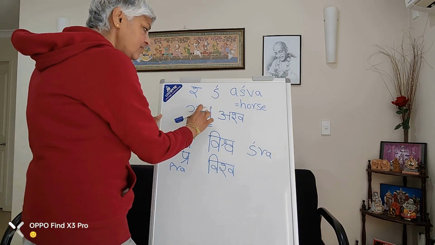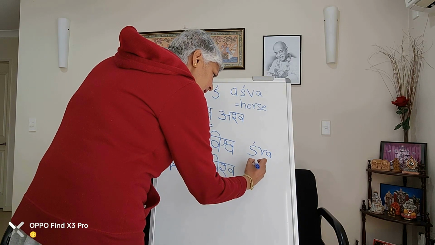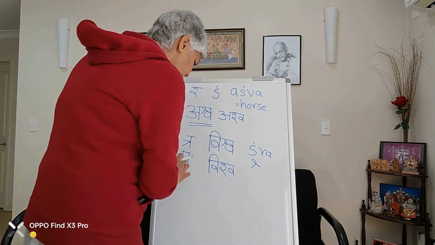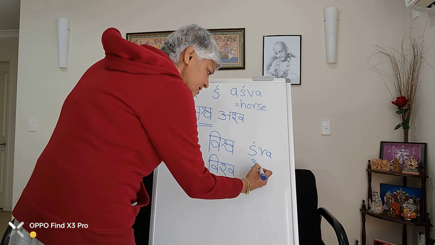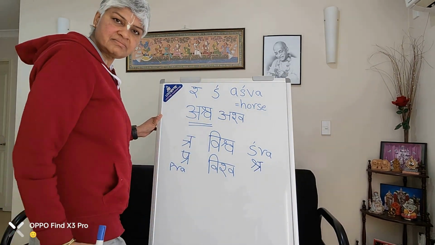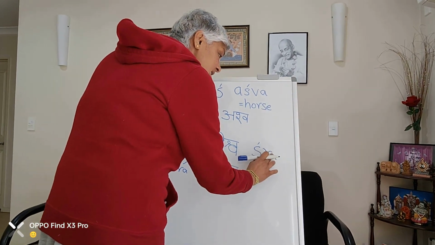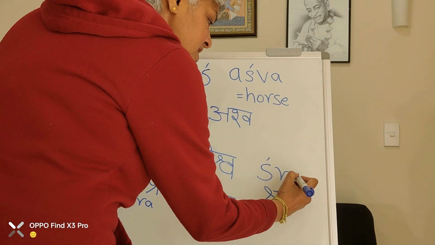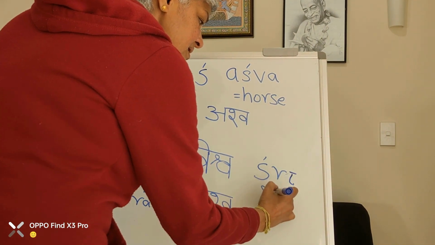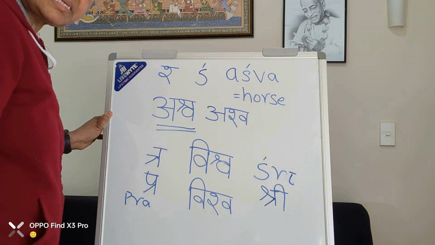And sha we saw is written in this way. Right? And the ra sound is written this way. So this is shra. And if you want to write shri, like in Shri Krishna, this will become Shri. Does that make sense?